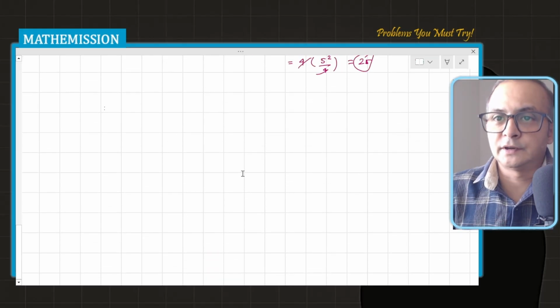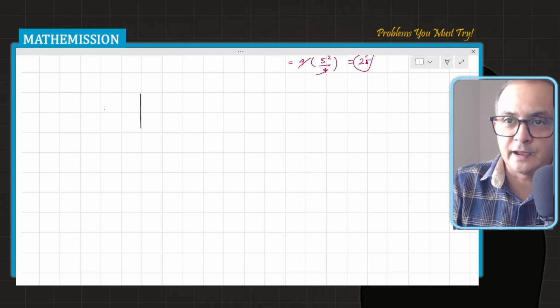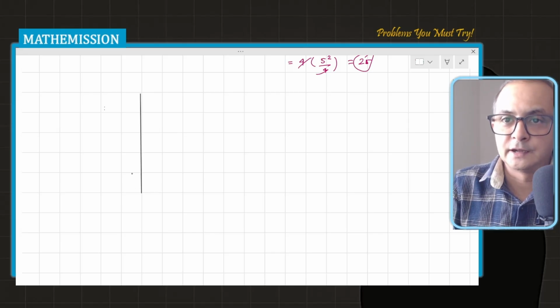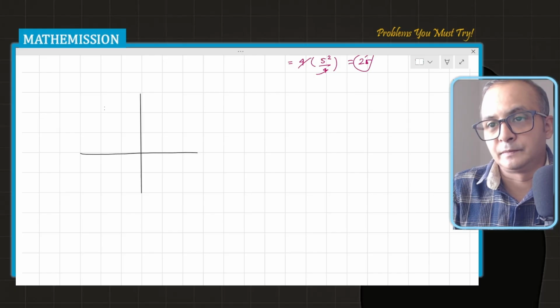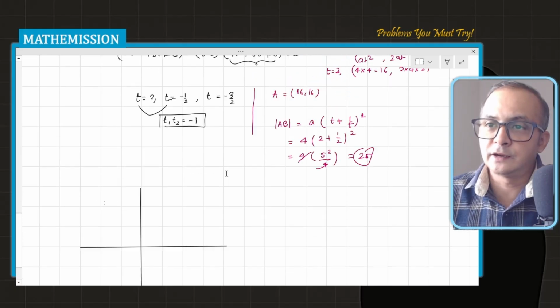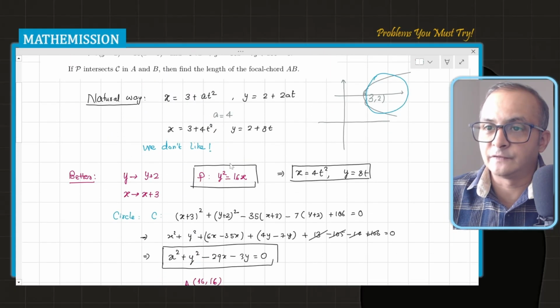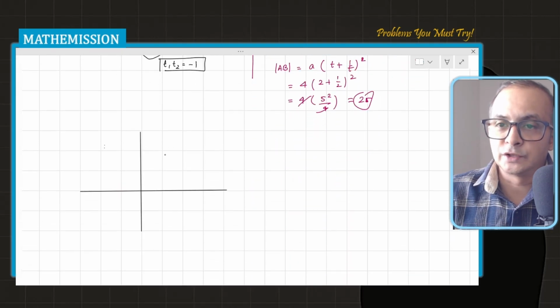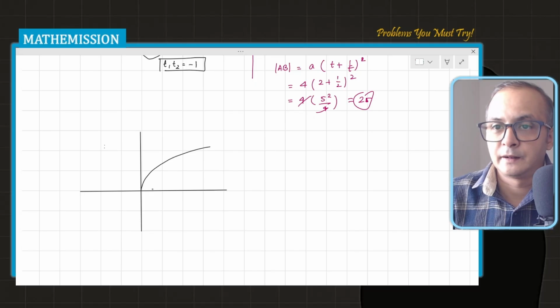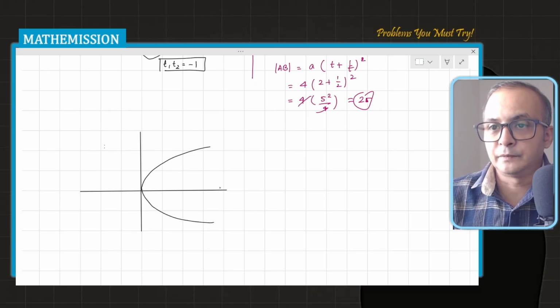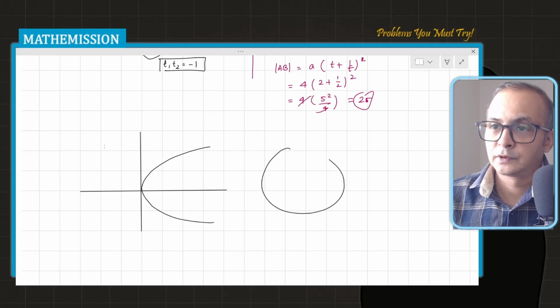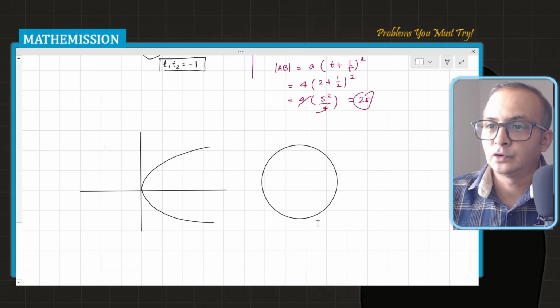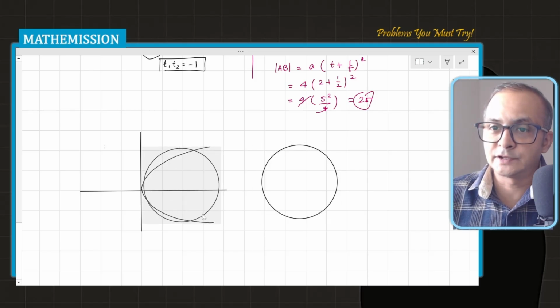Again we draw the graph, and of course we are taking again the shifted one. So up to here we have to do the same thing by shifting the parabola and circle to the origin. So this is the parabola I have, and maybe the circle over here, they are intersecting each other.